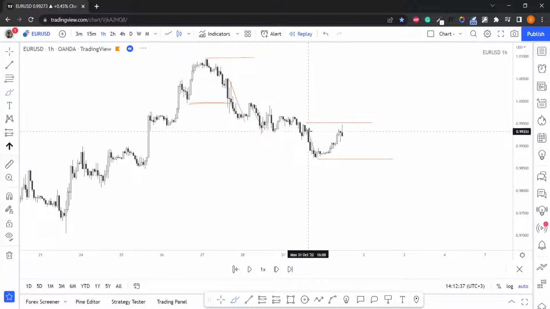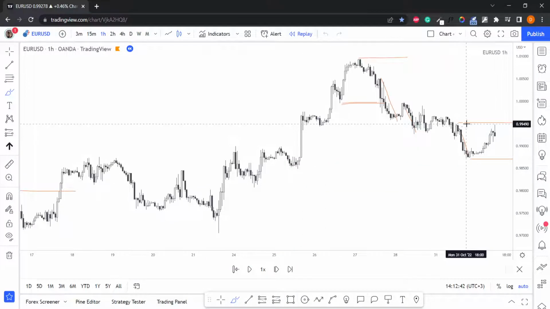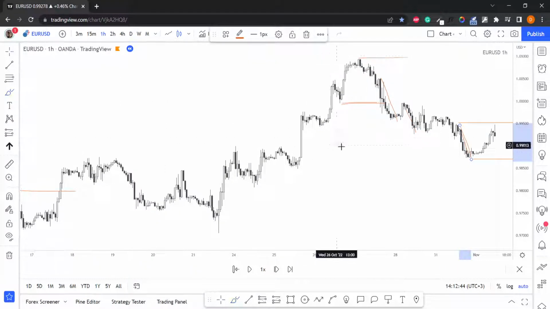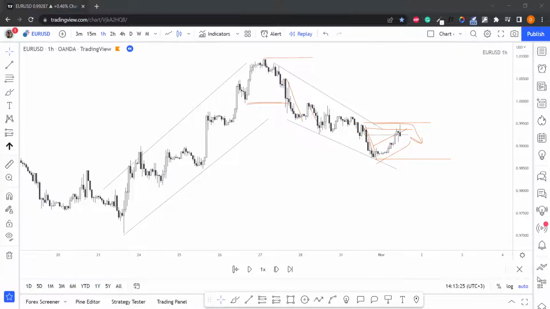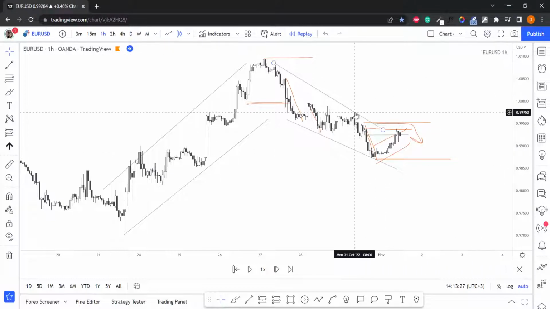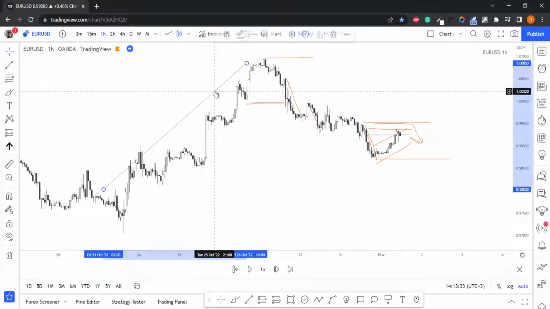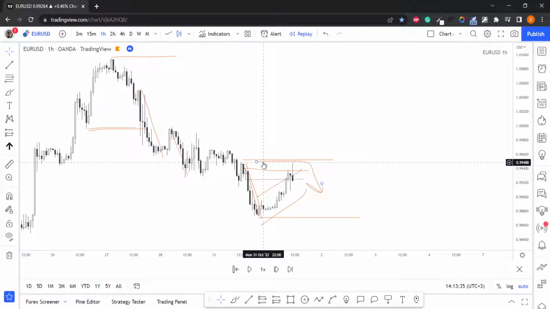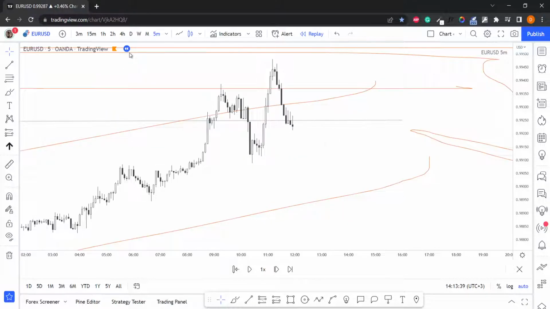Let's go to 1 hour. A push on 1 hour, and what we have now is we want to have a confluence on 5 minutes or 3 minutes or 1 minute.